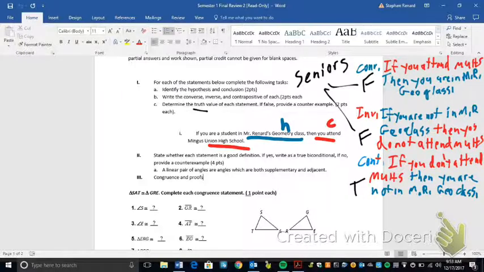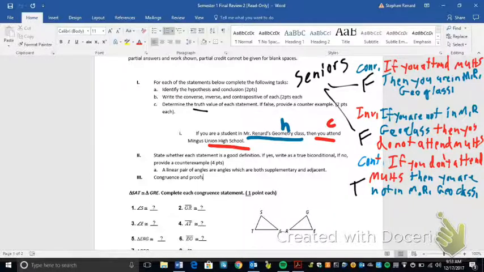That's an if-then statement. If the hypothesis, then the conclusion. The converse: if you attend Mingus Union High School, then you attend Mr. Renard's geometry class. Inverse, we negate the original: if you are not in Mr. Renard's geometry class, then you do not attend Mingus Union High School.